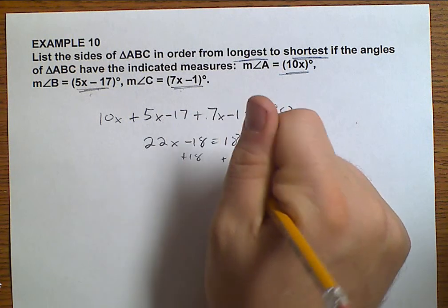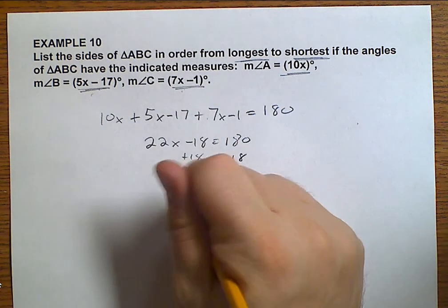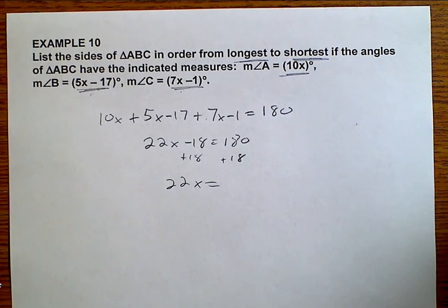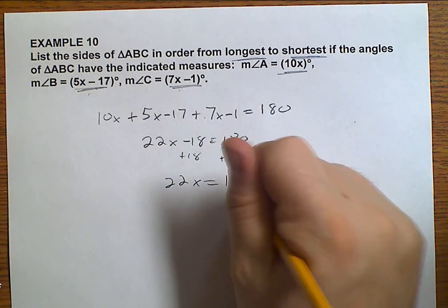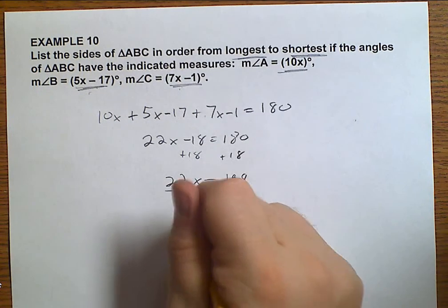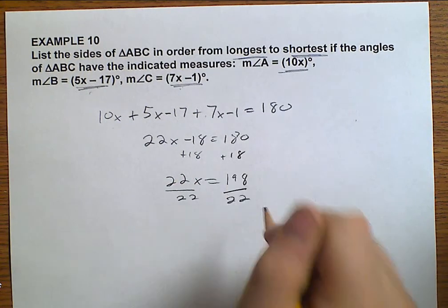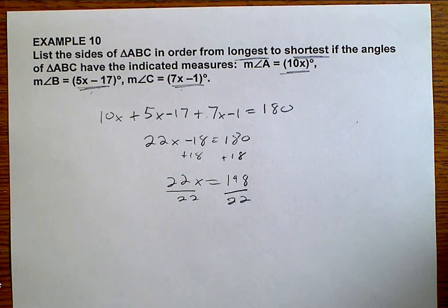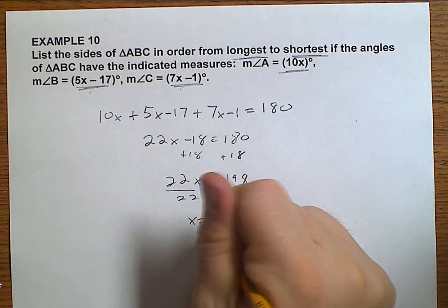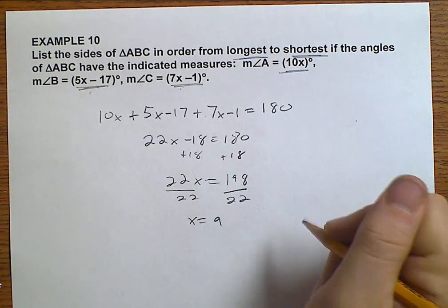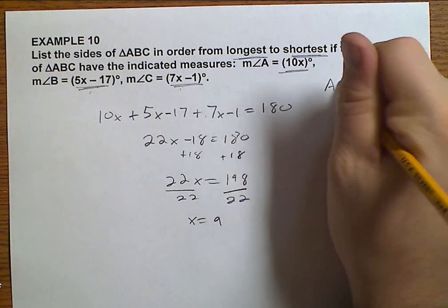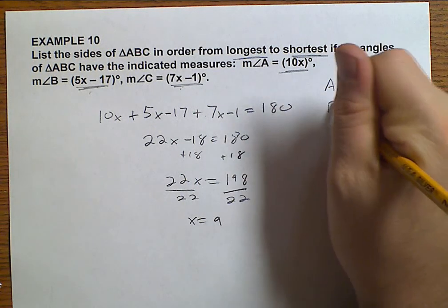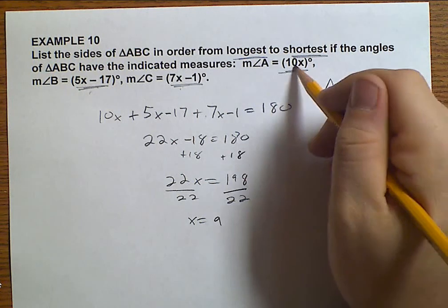Add 18 to both sides. 22x equals 198. Divide that by 22. X equals 9. So our angles would be 90, because 10 times 9 is 90.